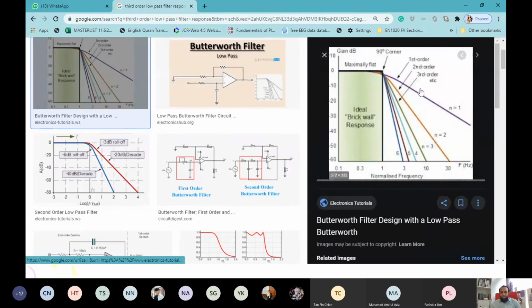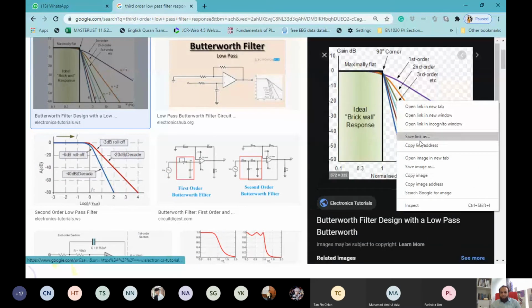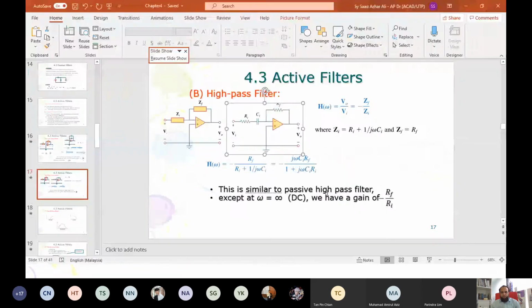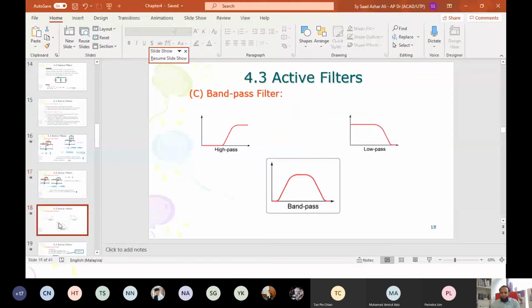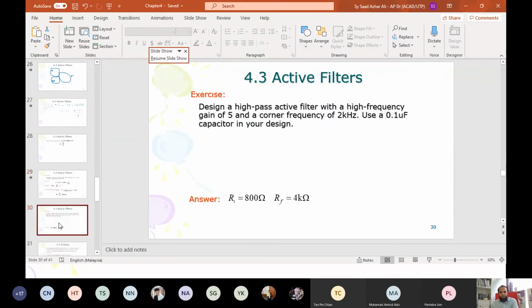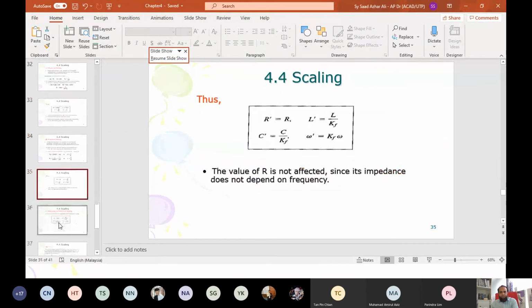I think this is a good example. Can you see this figure? Let me just copy it. Where is it? Where are we?